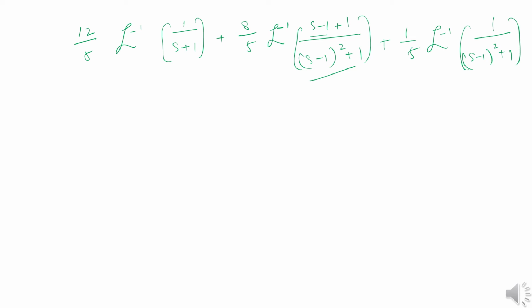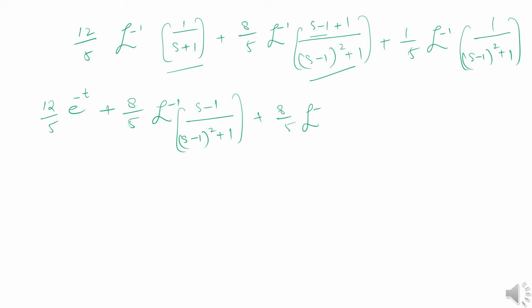Now I will take the inverse transform of this function, so it will be e raised to the power negative t, plus I can write 8 over 5 Laplace inverse of s minus 1 divided by s minus 1 squared plus 1, and plus 8 over 5 Laplace inverse of 1 over s minus 1 whole squared plus 1, and then 1 over 5 Laplace inverse of 1 over s minus 1 whole squared plus 1.